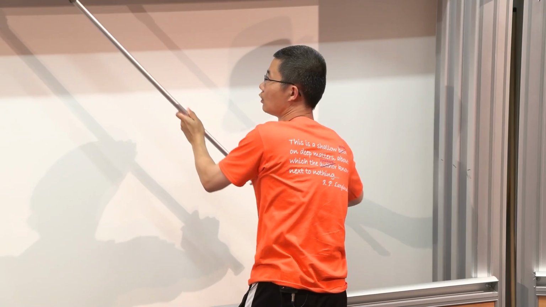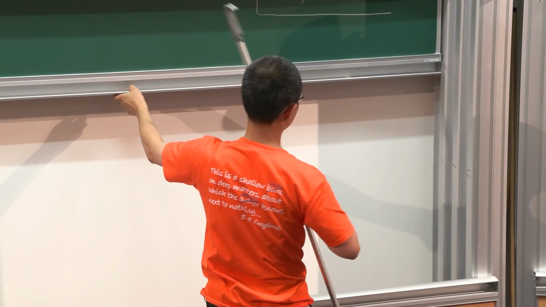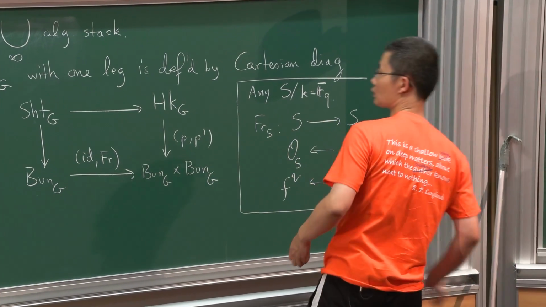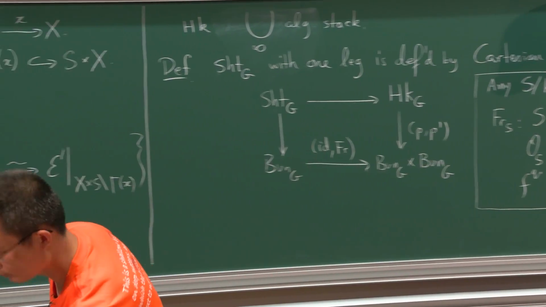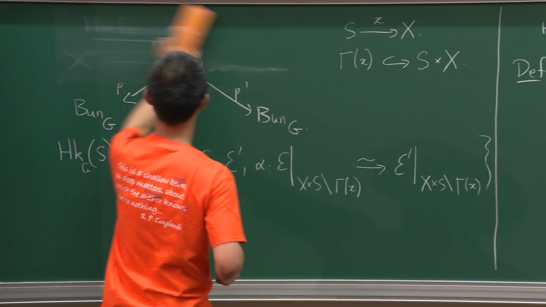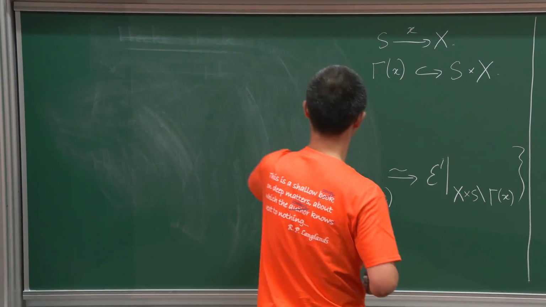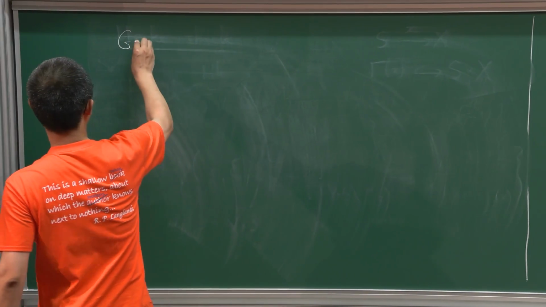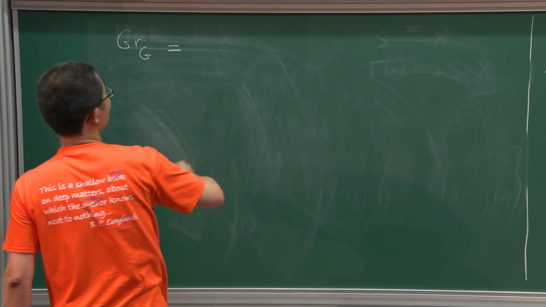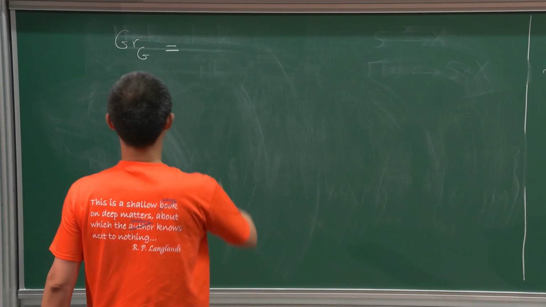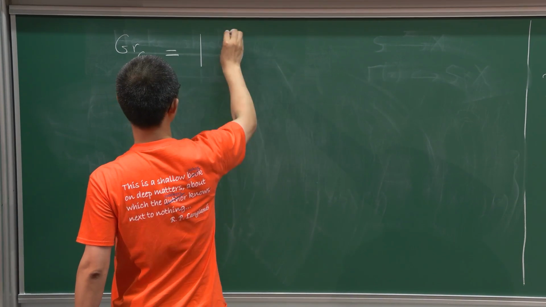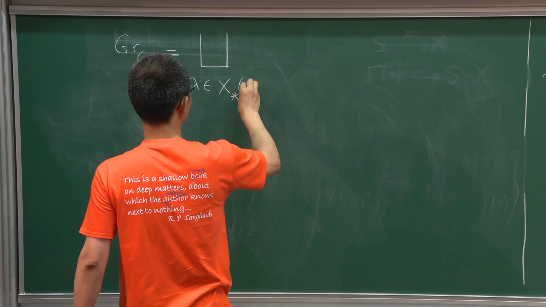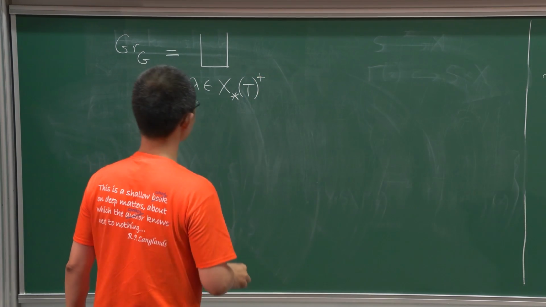Okay, so now the decomposition into lambda generalizes also to arbitrary G. On the level of varieties, this is a stratification indexed by dominant co-weights.